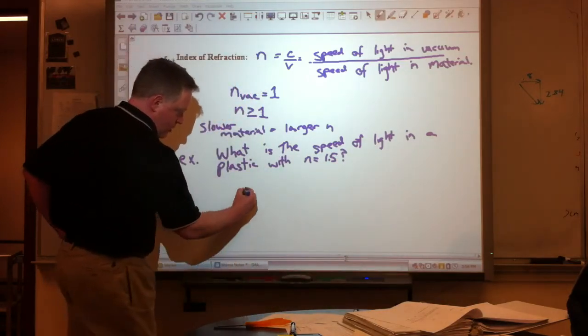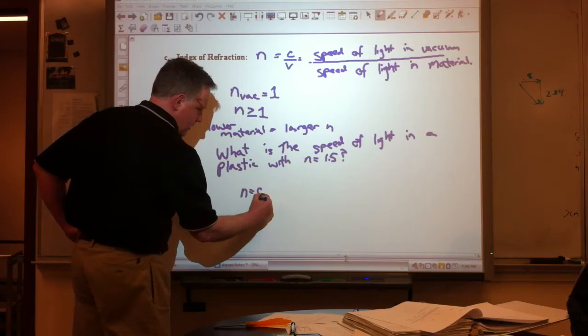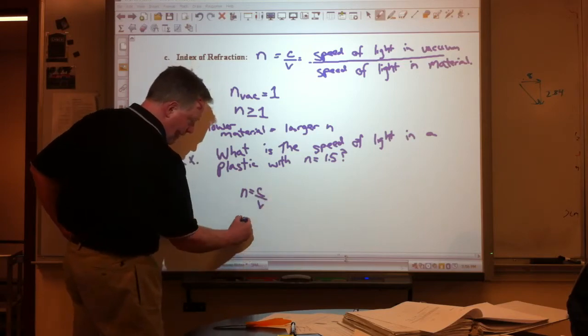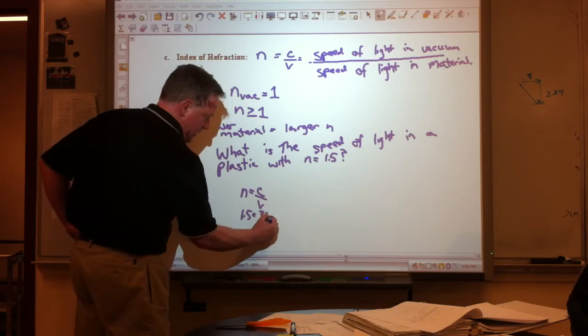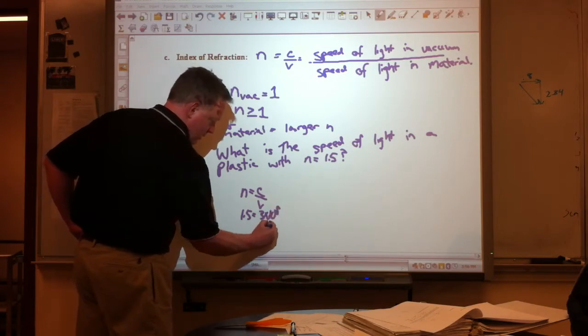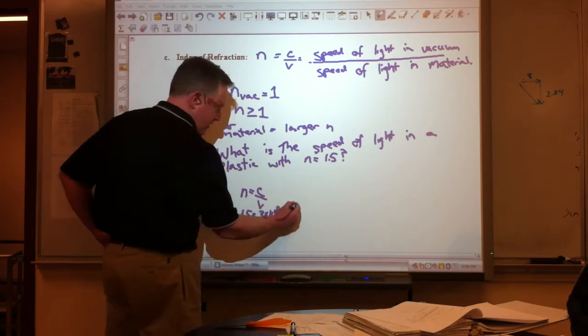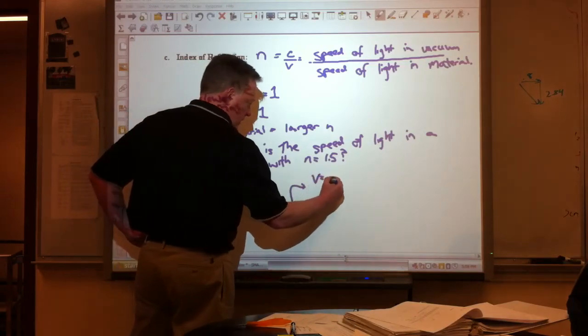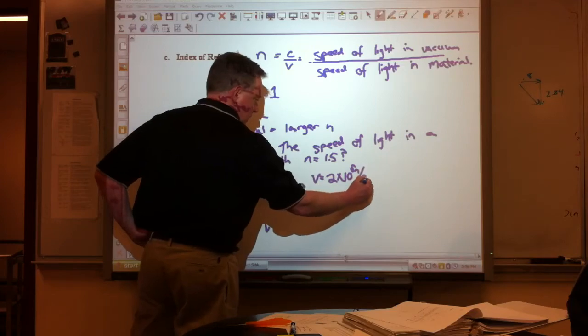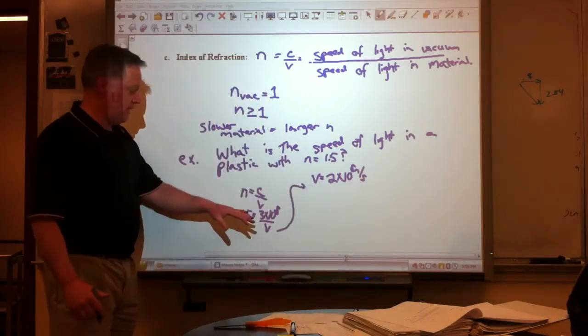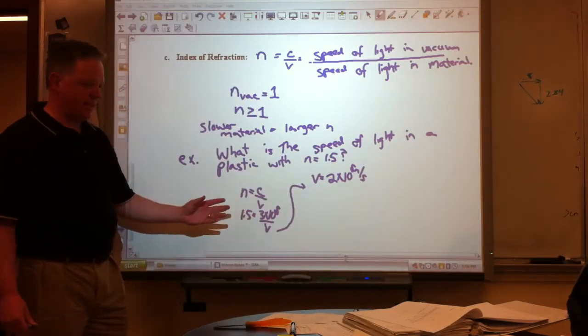So we plug into the equation, n equals c over v. I would get 1.5 is 3 times 10 to the 8th over v. And when I solve this, I would end up with v is 2 times 10 to the 8th meters per second. And that's less than in a vacuum where it's 3 times 10 to the 8th, so the answer makes some sort of sense.